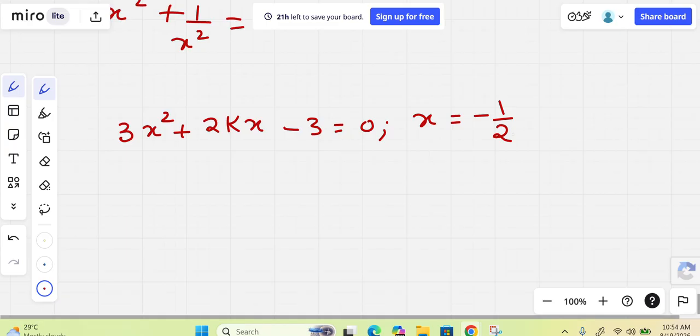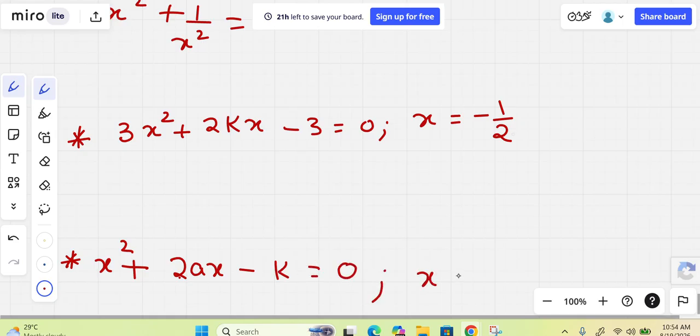Just substitute the value of x and quickly find the value of k. Chalo, speed up, speed up. These are the kind of questions which come in exam.